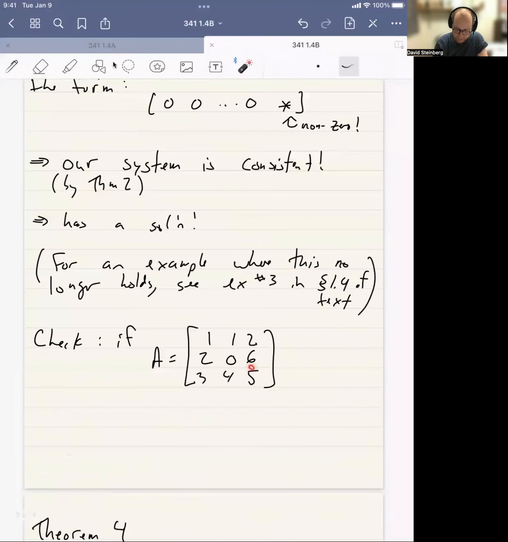If we change the -1 to a 5, all of a sudden it's not true for every B. We need to choose our B slightly carefully for there to be a solution. So if we change our A, we no longer get a solution. Then AX equals B is not always consistent.